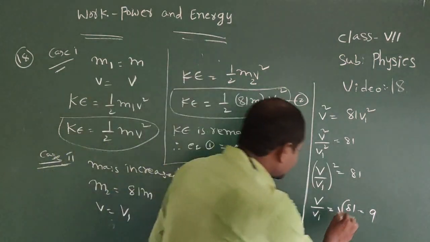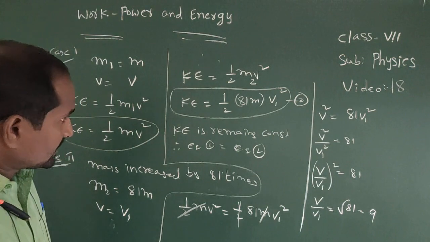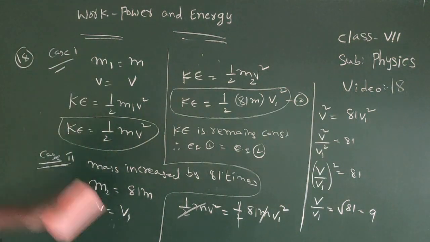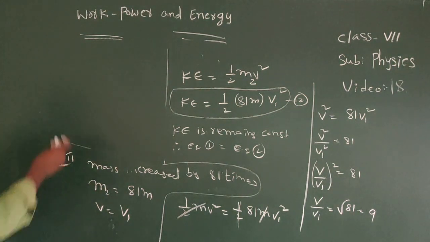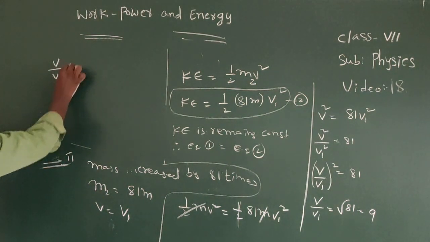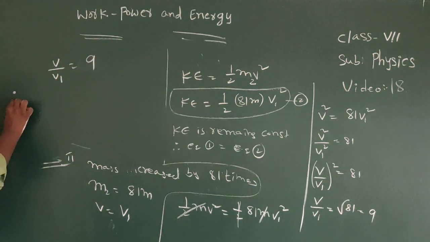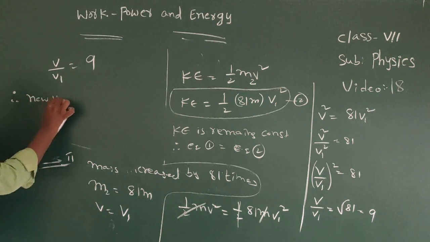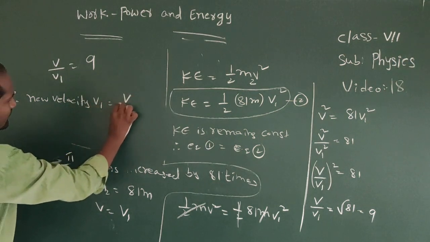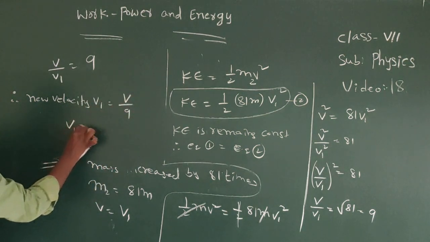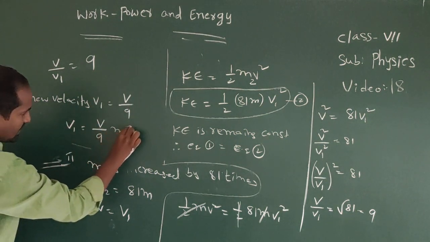So v by v1 equals 9. Therefore new velocity v1 equals v by 9 meter per second.